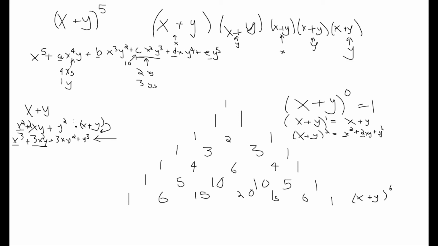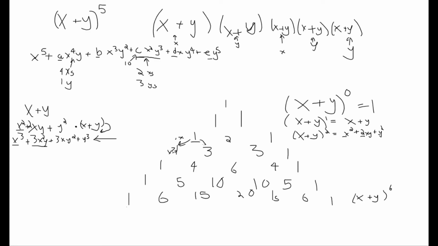So I'll look for it on our Pascal's triangle. This one represents the coefficient for x squared. It can be multiplied by x to get x to the third; this represents the coefficient for x to the third.